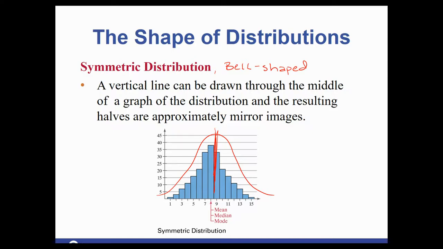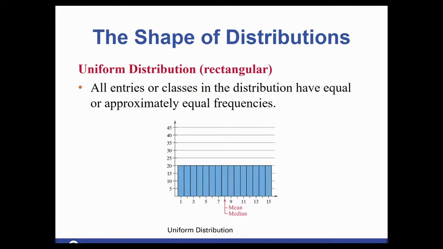So when you have something that you know is symmetric, we use the mean to describe center. Uniform we don't do very much with, but that would be where all of the data values have equal chance of appearing, or the data set looks the same.